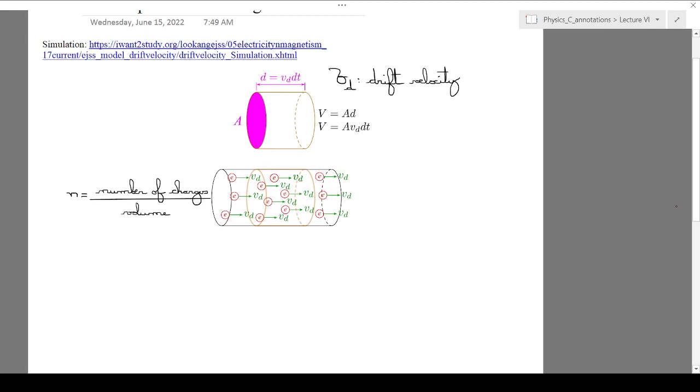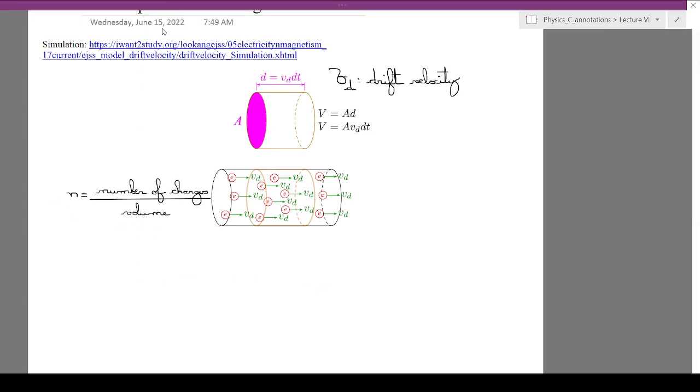Some things we have to say about this number of free charges per unit volume: first of all, this value depends on the material, clearly. The shaded segment has a volume that we know here, so the number of free charges in the volume is just a multiplication.